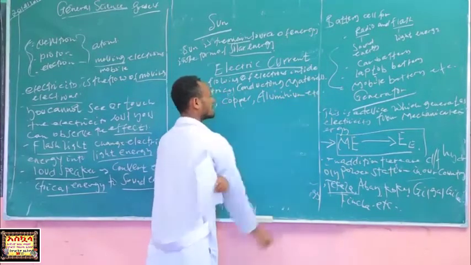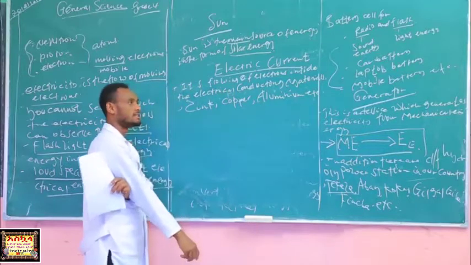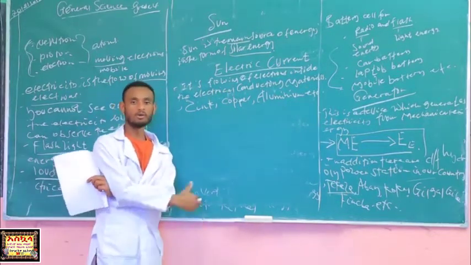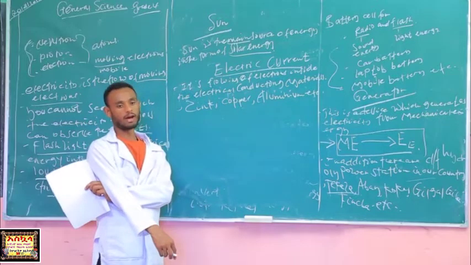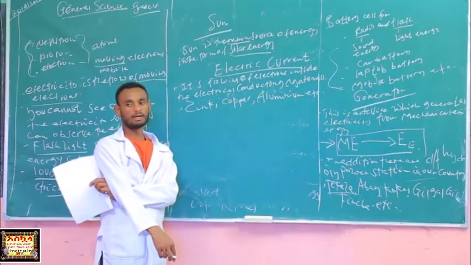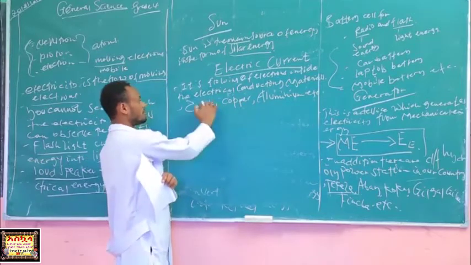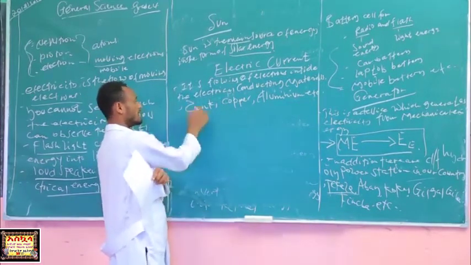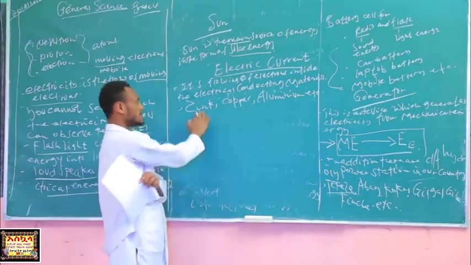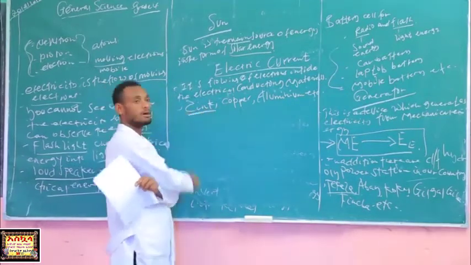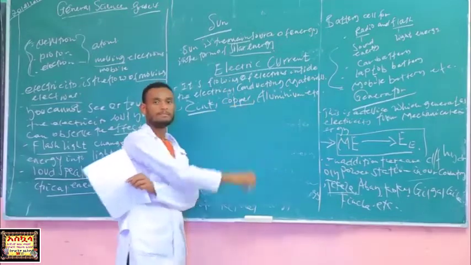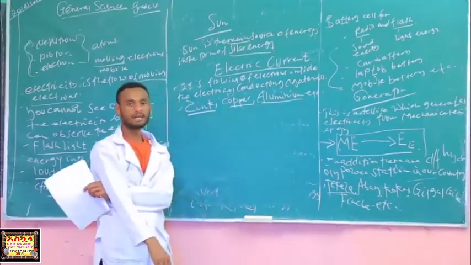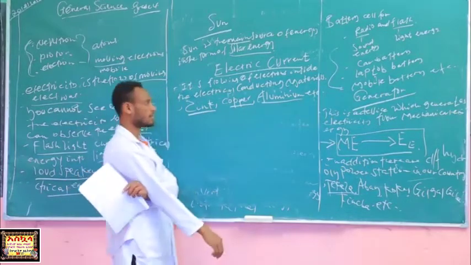Each can conduct electricity. So, students, different types of metals can conduct electricity for us: zinc, copper, aluminium.